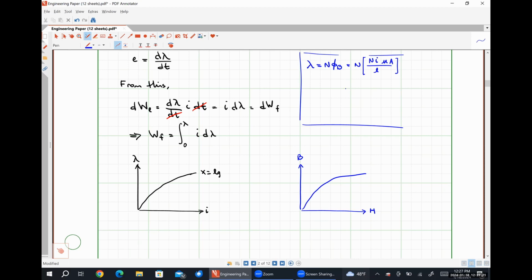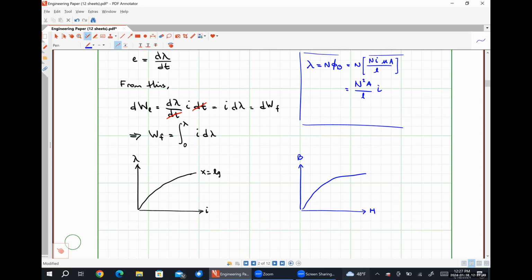I'm going to rearrange this ever so slightly. So this is going to look like N times N is N squared. A is a constant. Our flux path length is a constant. And then we have I times mu, our permeability.